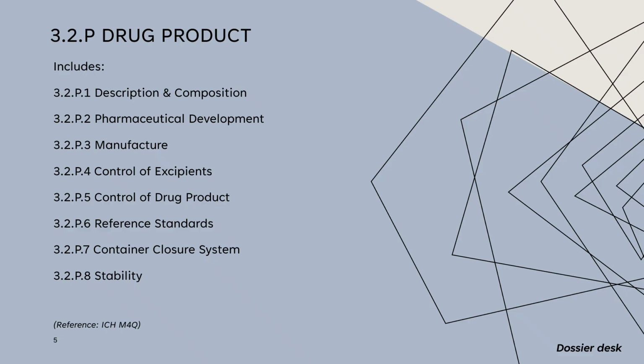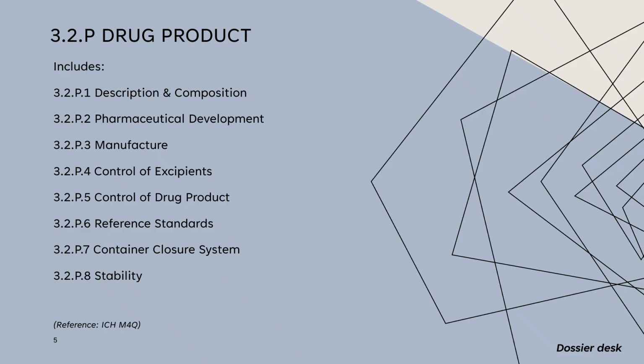Section 3.2.P.2 describes pharmaceutical development, including formulation development, compatibility studies, and justification of excipient selection. Risk-based approaches should be aligned with ICH Q8 principles of pharmaceutical development.